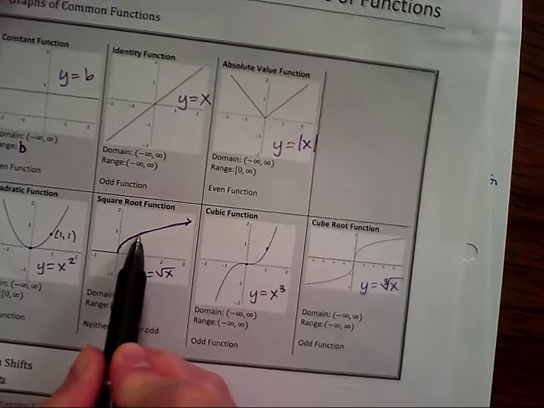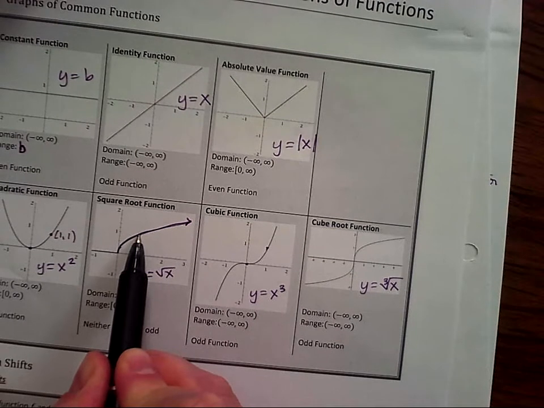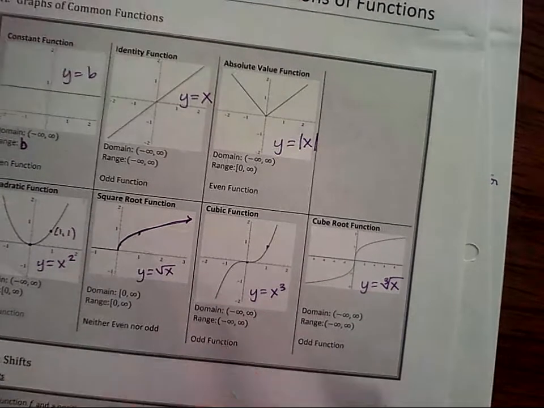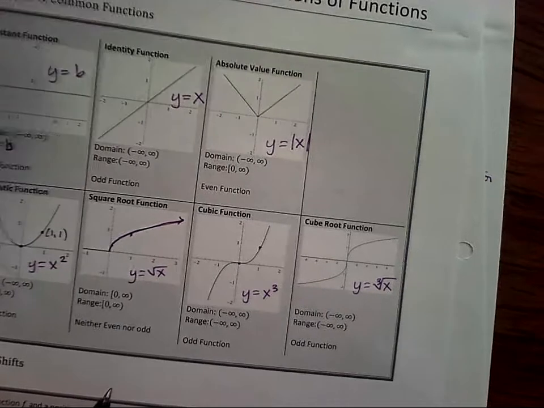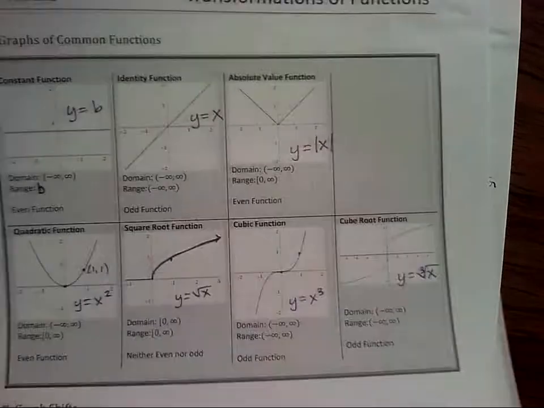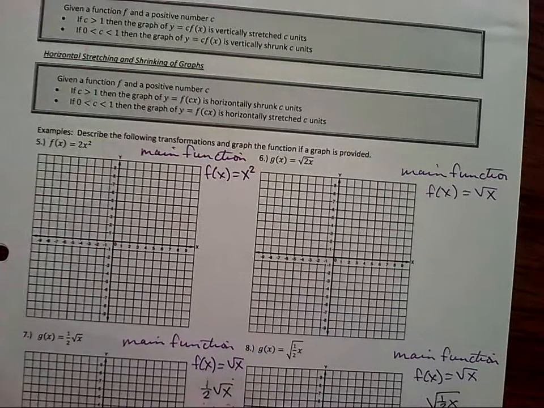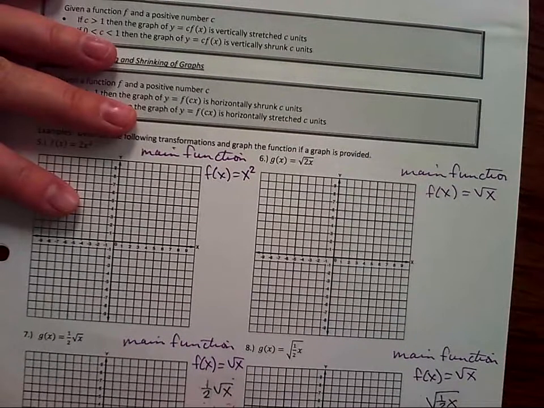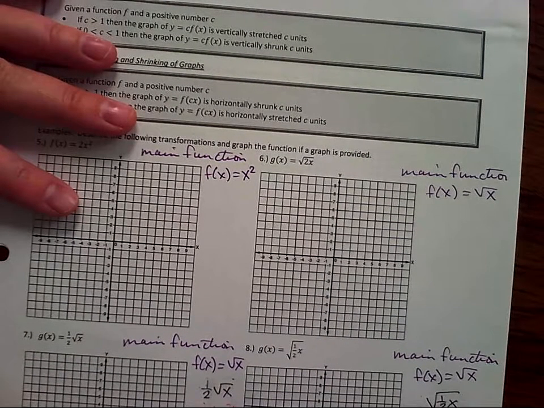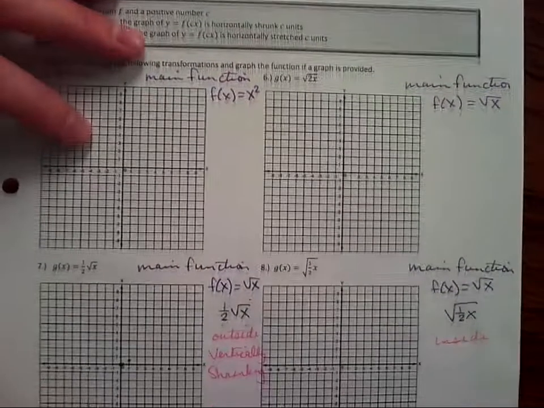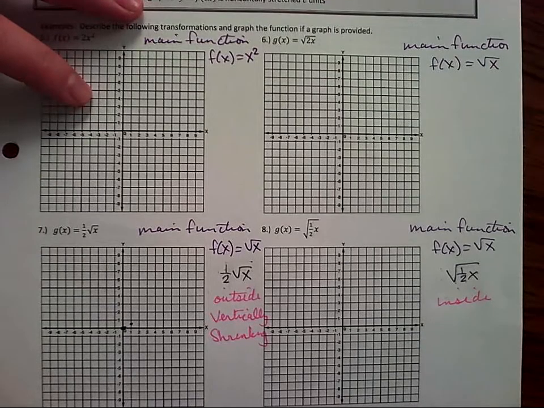Is there another point on my square root function that might be easier to stretch by a unit of 1/2, or that might be easier to shrink by 1/2? Because that just takes the point 1, 1 and shrinks it by 1/2, so it puts it right there, right? Which is kind of ugly to look at.